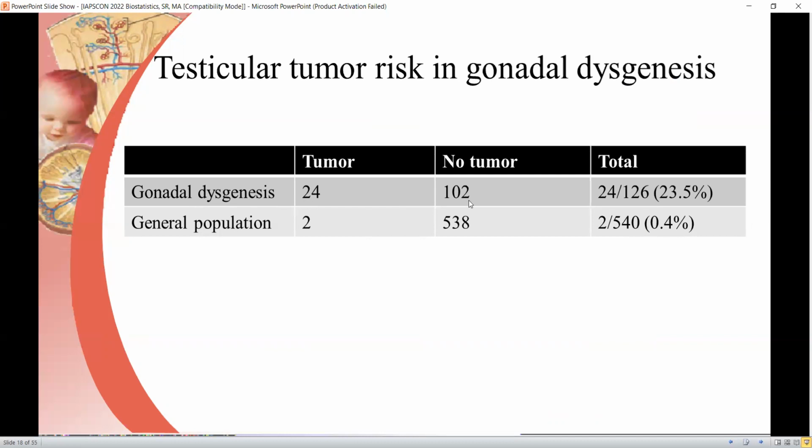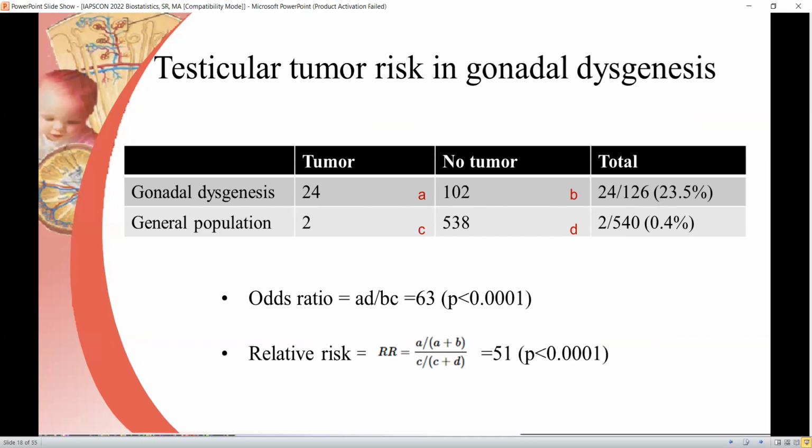This is also from a study, that is 23%. So we straight away know that there is a 50-fold increase in the risk of them developing a tumor. This is exactly what a relative risk says. So again, you put them into A, B, and C, D. So odds ratio is 63, whereas relative risk is 51.